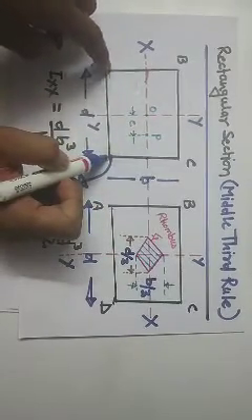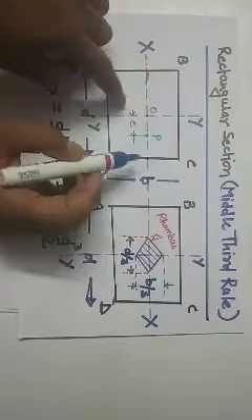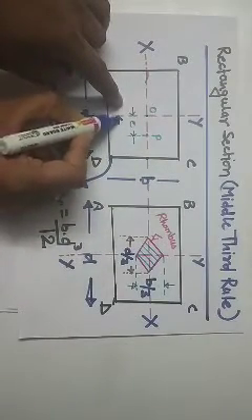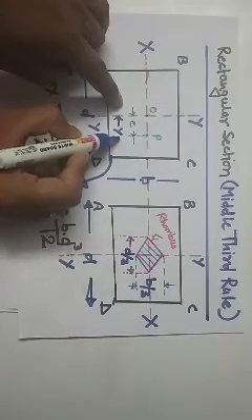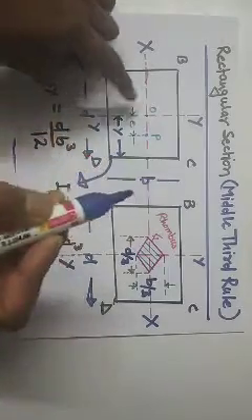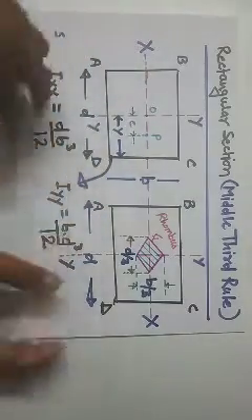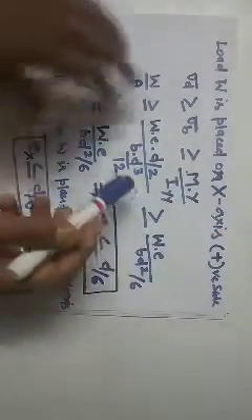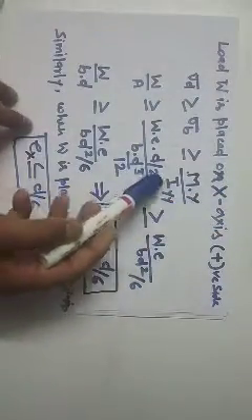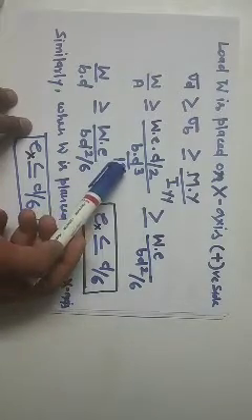The total is d, then this is our y. For this case, this is our y. There should be no doubt on it. Clear? So y is d by 2 and I_YY will be BD cube by 12.